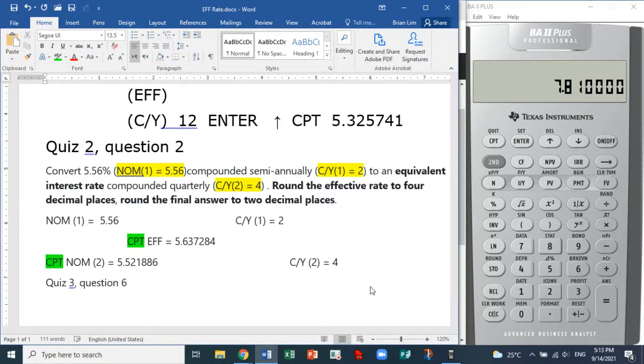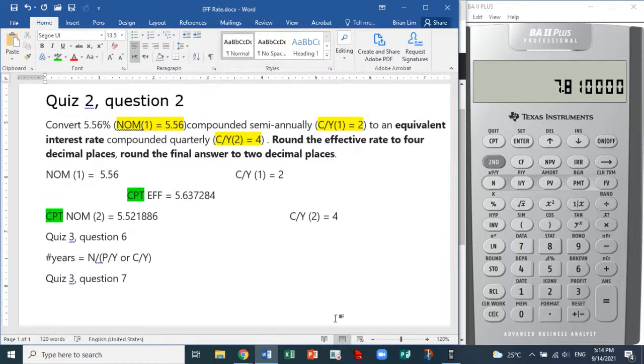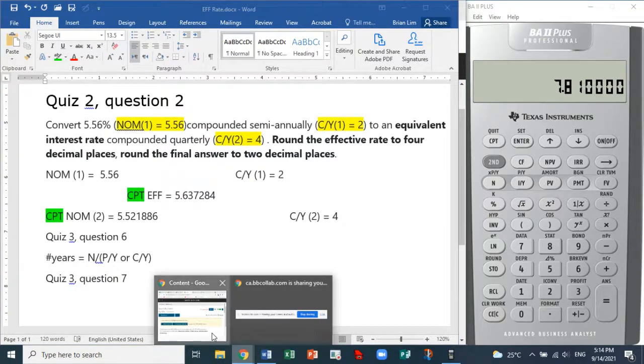So we can say the number of years is equal to the value of n divided by PY or CY. Okay, so we know that that is what happens there. Now for this one here is question 7.